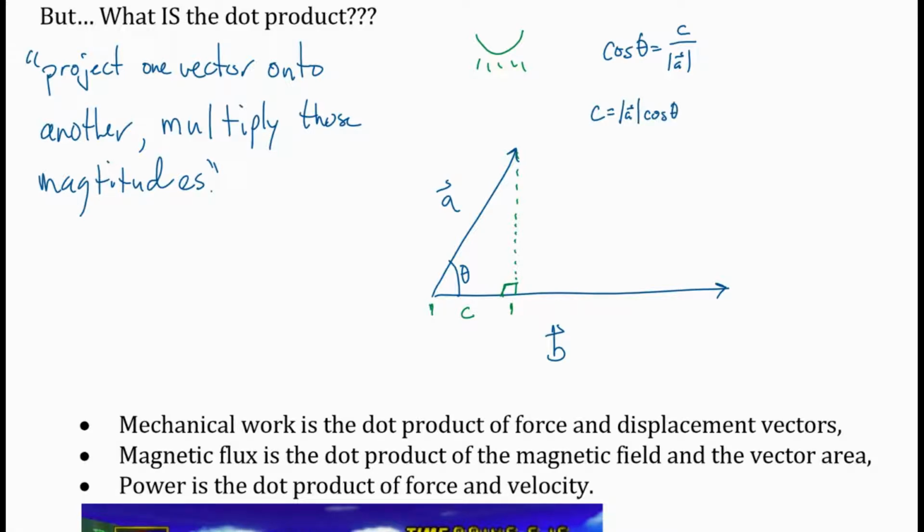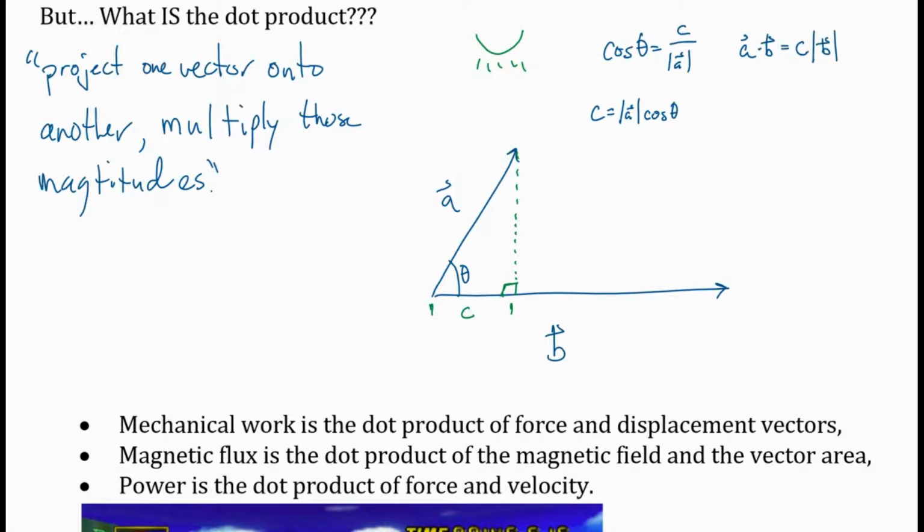Okay, but I already said that A dot B is the multiplication of the magnitude of the projection of A onto B, which in this case is C, times the magnitude of B. So A dot B equals C times the magnitude of B.